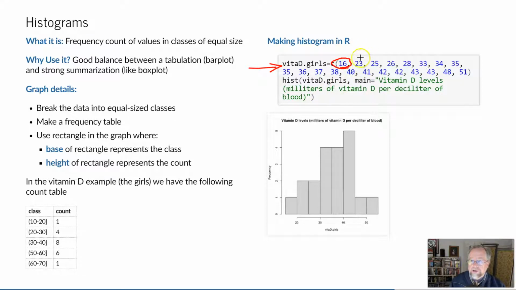I put them in order here, so 1, 2, 3, and 4. How many are between 30 and 40? Now, this is where it gets a little bit tricky because you have to make a choice. So we have chosen, using algebra notation, the round parenthesis means don't include, the square bracket means does. So we don't include 30, but we go up to 40. We don't include 50, but we go up to 60. We don't include 60, but we go up to 70.